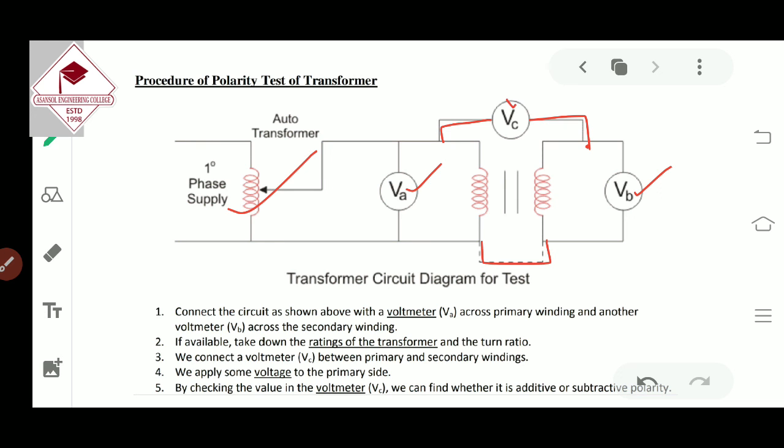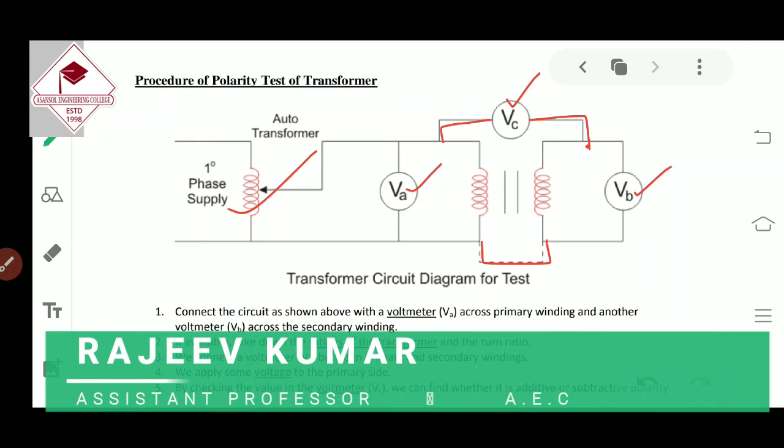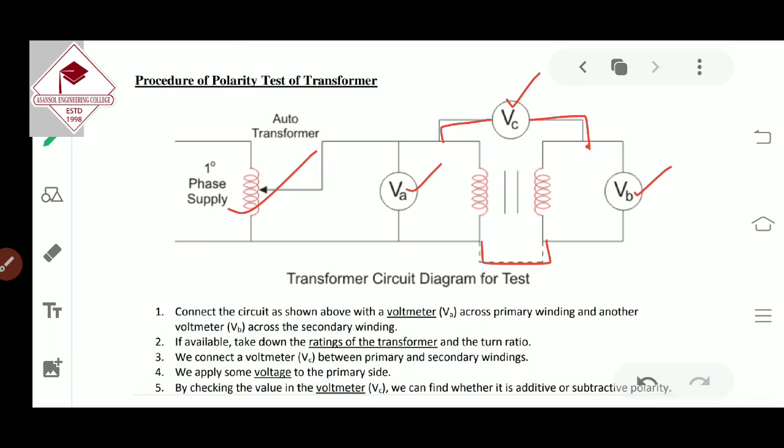So Vc will show either Va plus Vb, that is additive. If this is additive, then these two are of opposite polarity. If this is plus, this will be negative. And if Vc is showing subtractive, then these two will be of same polarity. That means if this is positive, this will also be positive.